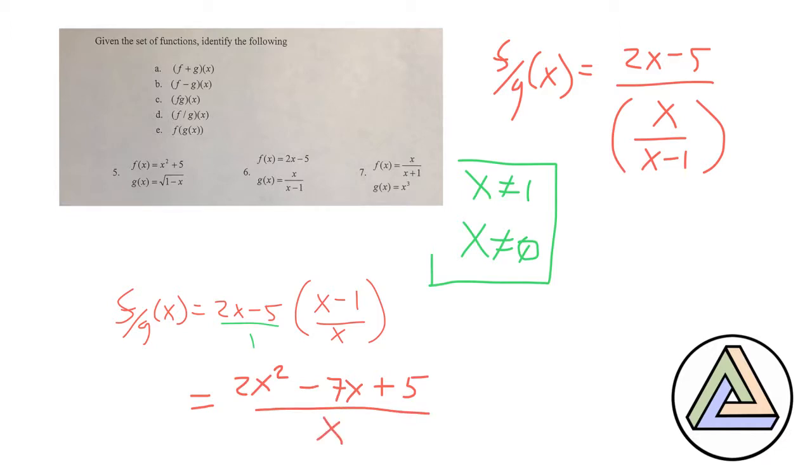Now we have the domain restriction here as well, that x can't be 0. But we already took that into account. So the final analysis, I would say, is this, but I would also include the fact that x cannot be 0 or 1.